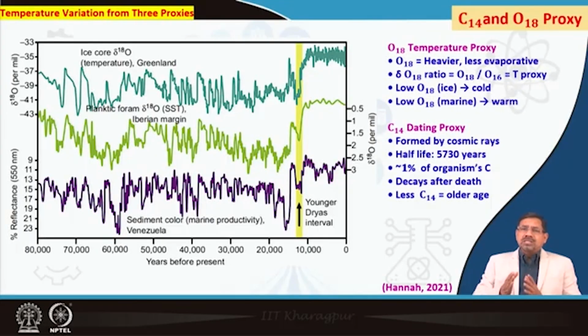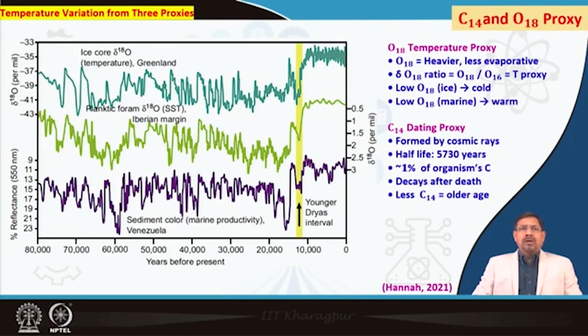This C14 you can measure because it decays very slowly even after death, because the C12 accumulation stops when an organism, including a plant, dies. So, less C14 means older age and vice versa. That is how C14 and O18 behave. O18 gives us information as a temperature proxy, and C14 gives us information as far as the date or the time is concerned.